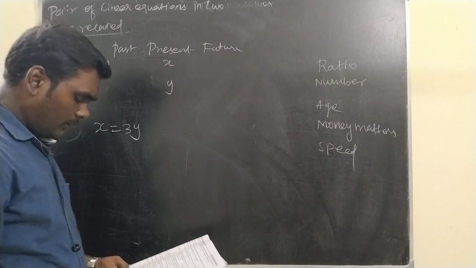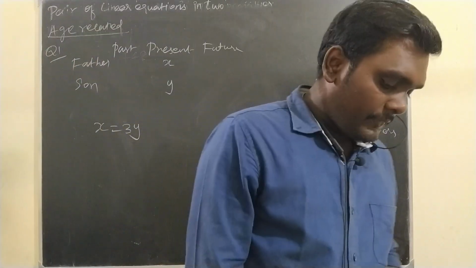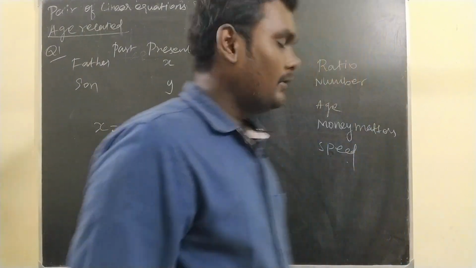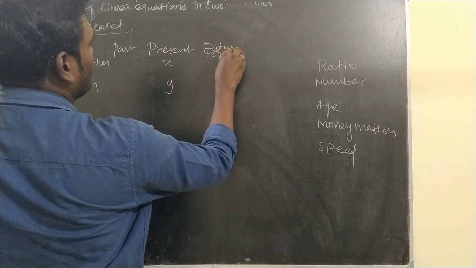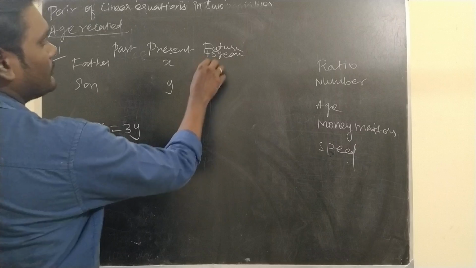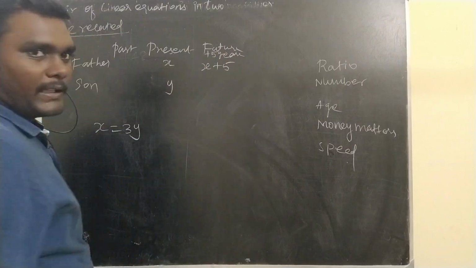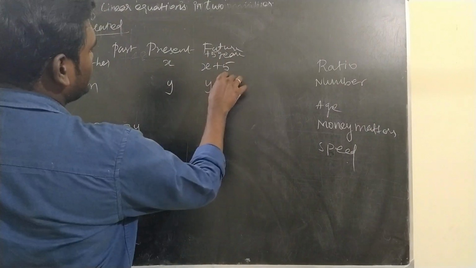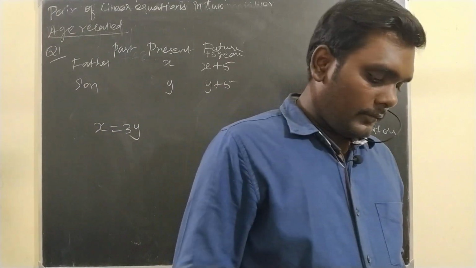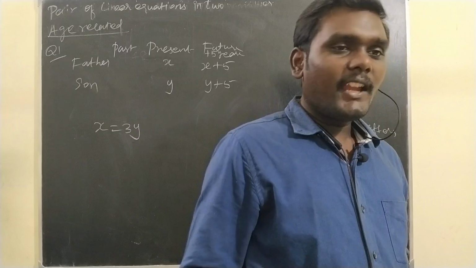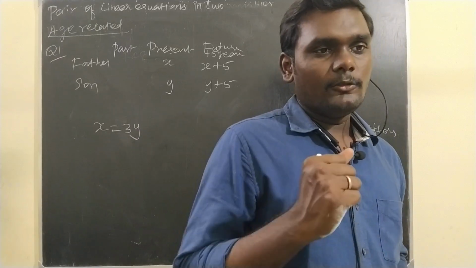Father is thrice as old as his son, a linear equation. And then after 5 years, in the future, plus 5 years, father's age is x plus 5, son's age is y plus 5.